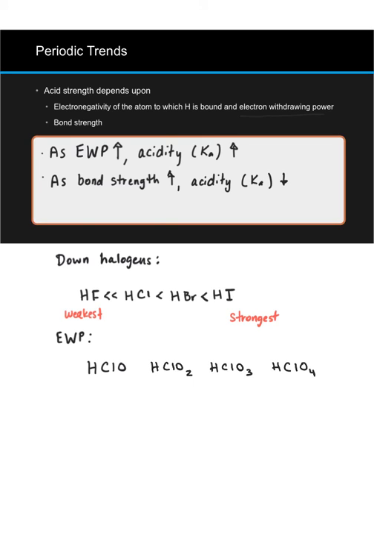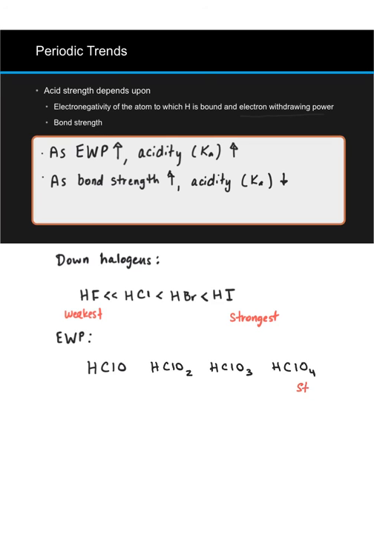The more oxygens we have, the more electron density can be withdrawn from a hydrogen cation that's attached to the ClOx anion. And so the acid that's got the most oxygens, we expect to have the highest electron withdrawing power.